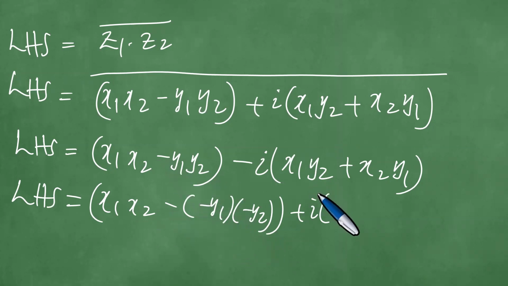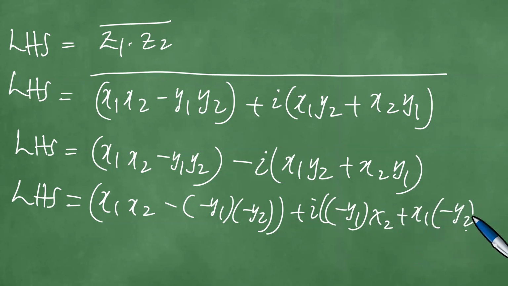If you multiply them, here we would have minus y1 x2, and plus x1 times minus y2. Okay, this is what we have, and this is the same as this.